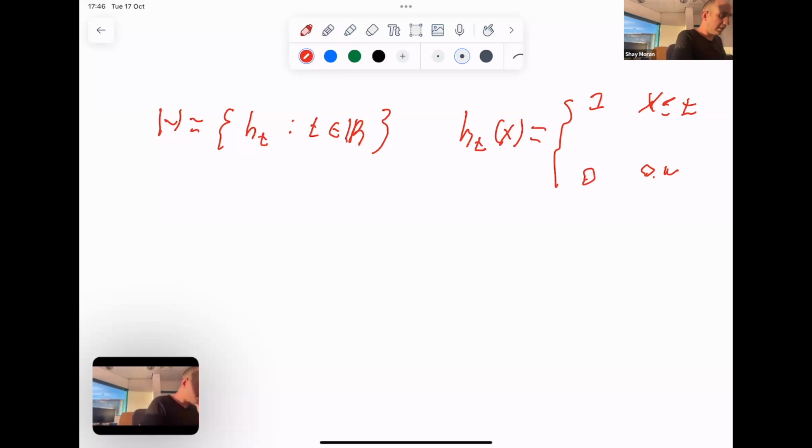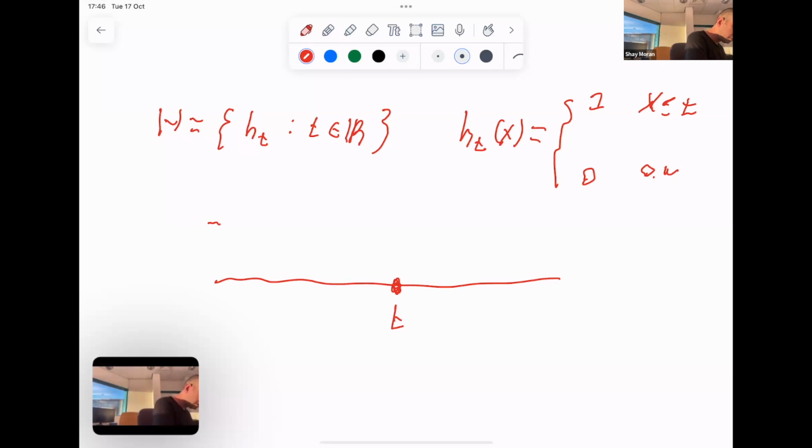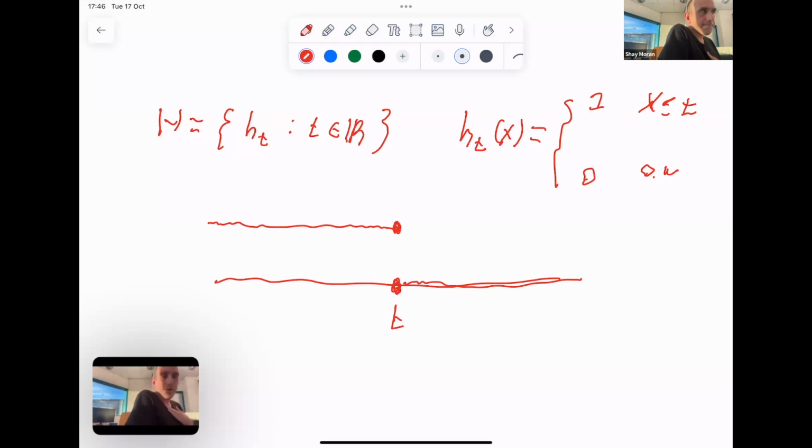So we have this class. A typical hypothesis in the class looks as follows: somewhere we have the threshold t, and until t we have 1, and from t onwards we have 0.